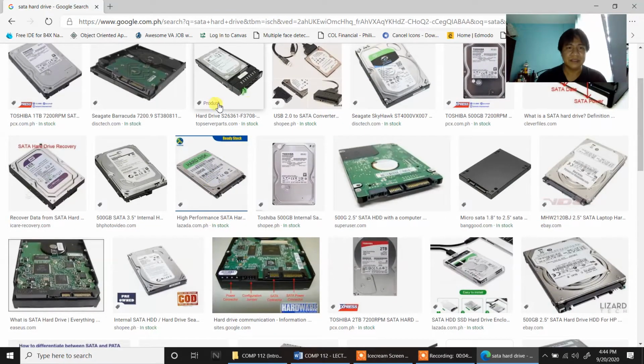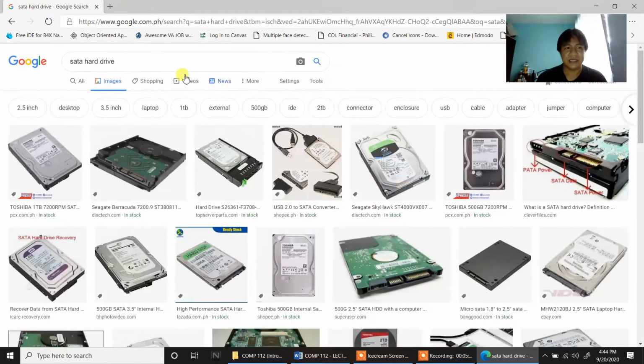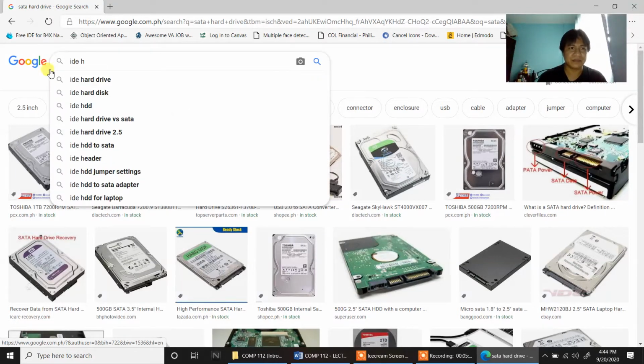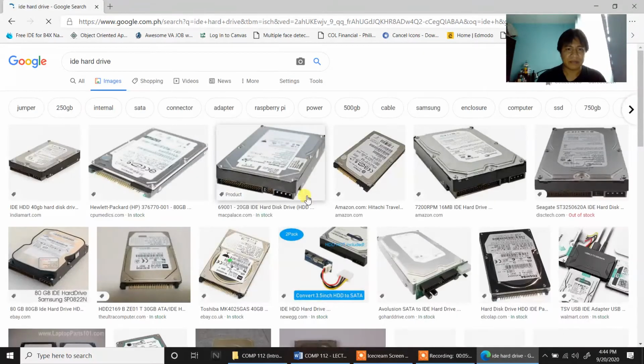Before, it used IDE, but right now it uses SATA for its port. The IDE has 40 pins, the IDE hard drive. Those are the 40 pins of our hard drives.